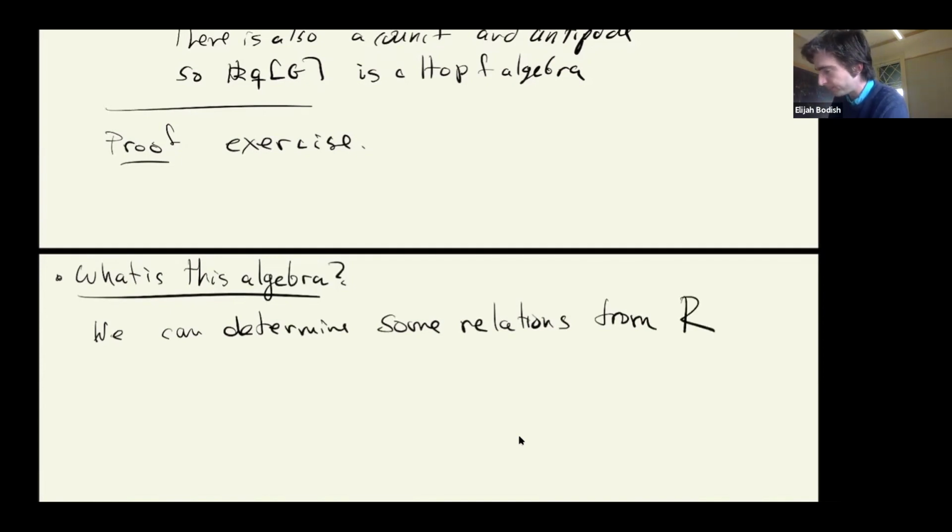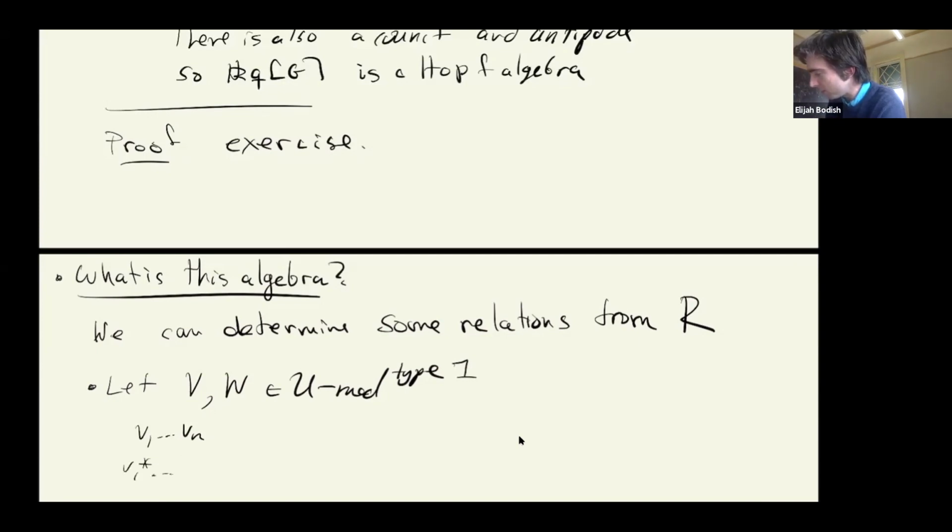Well, let V and W both be type 1 modules for the quantum enveloping algebra, and choose a basis v_1 through v_n for V, and v_1 star through v_n star, a dual basis, and w_1 through w_m for W, and w_1 star through w_m star for W star.